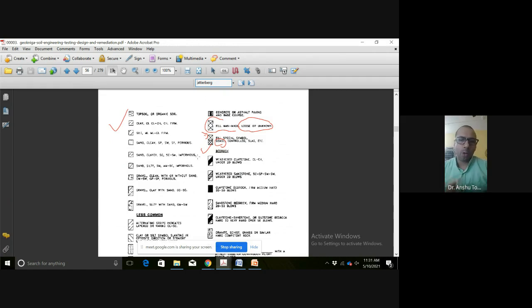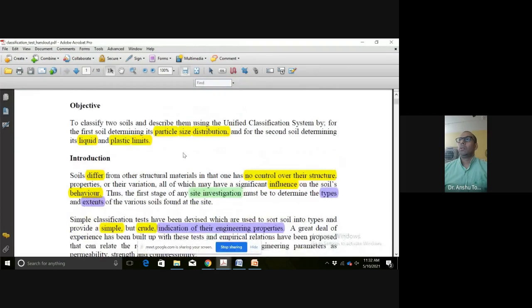All those laboratory experiments are documented in the whole geotechnical investigation report. Whatever tests are required, that report will be close to 100 pages. So, unified classification system.